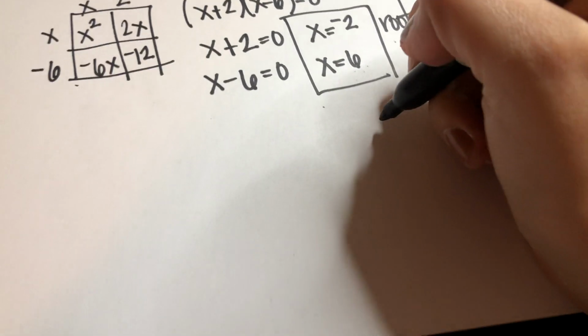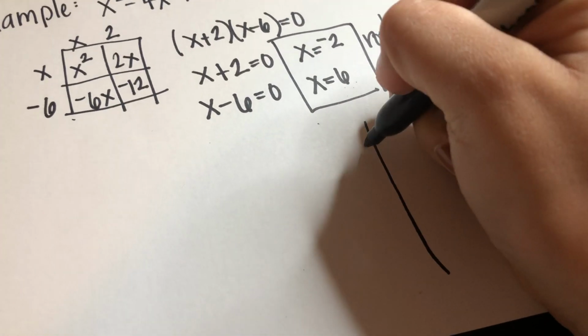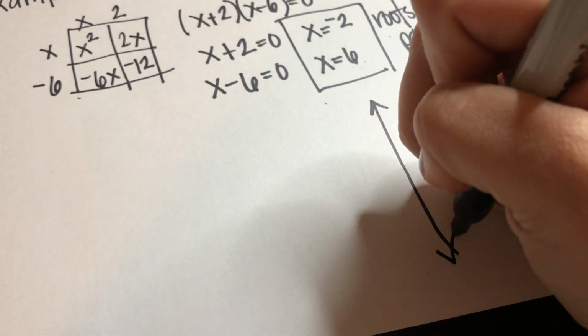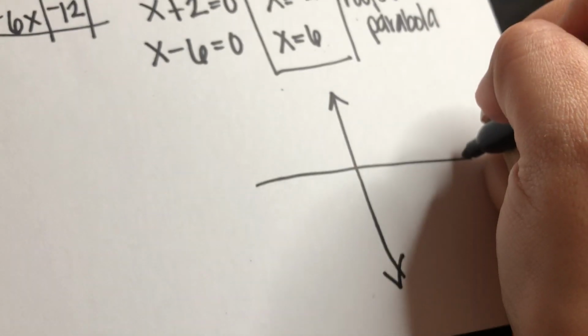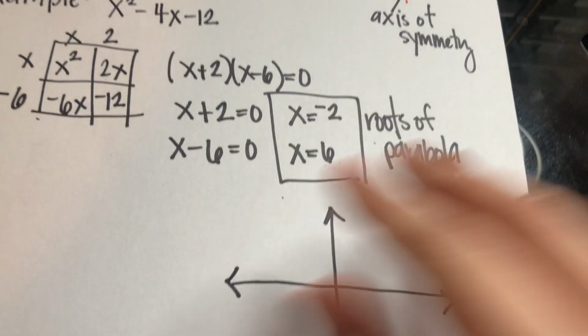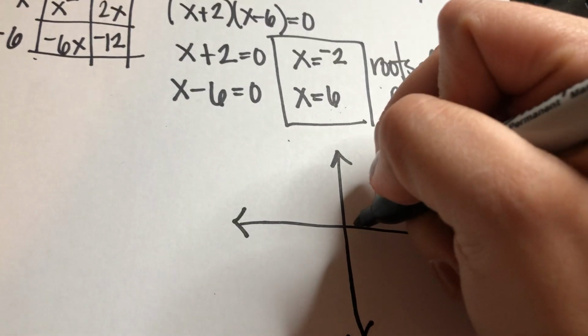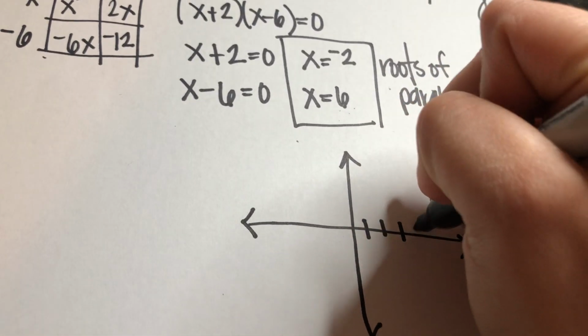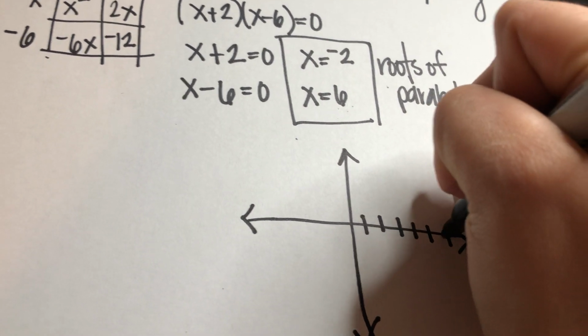So if I were to draw an x and y axis, it's hard to draw. Sorry. Okay. So I'm going to draw a point at 6. 1, 2, 3, 4, 5, 6.